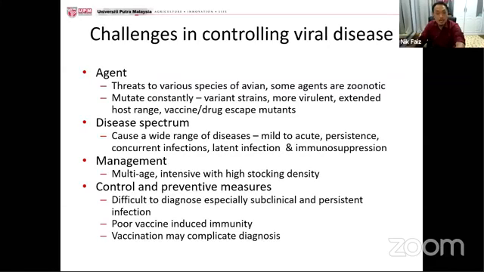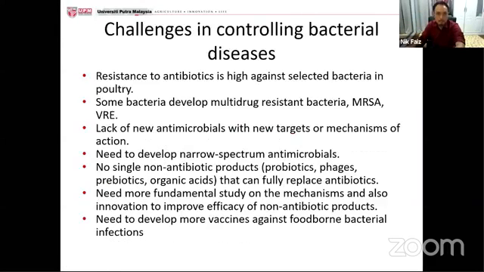Some diseases are difficult to control due to poor vaccine-induced immunity. I will talk more about this later. And vaccination can also complicate diagnosis, especially with serology, or sometimes molecular detection, unless you have a DIVA strategy.